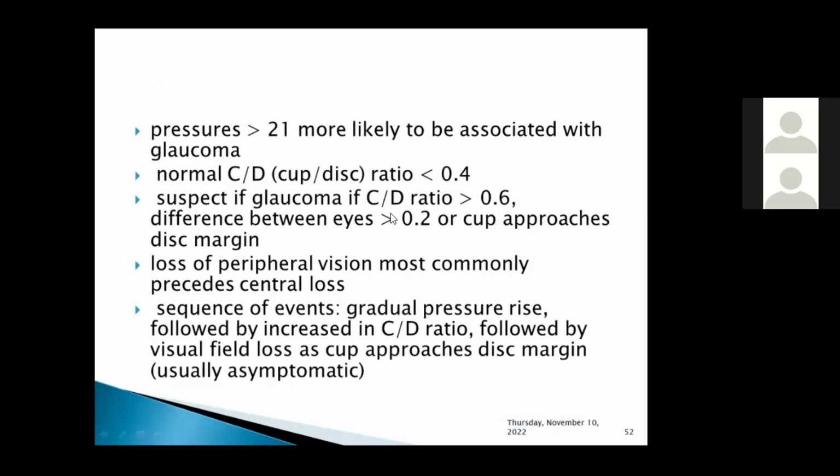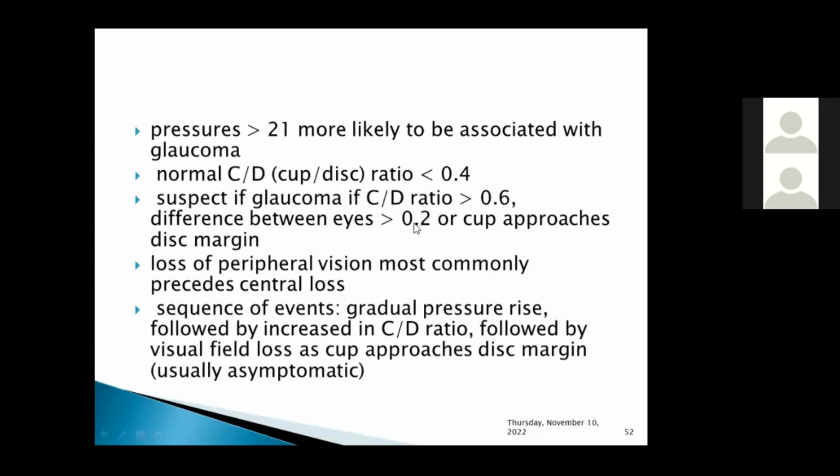The most important is the discrepancy between the two eyes. This number by itself doesn't mean anything, because there are patients with 0.7, 0.8 cup to disc ratio, but still no glaucoma. We see some other parameters, the so-called physiologic cupping is also there. Okay, so cupping is one of the signs of glaucoma anyway. So normal is less than 0.4, abnormal is more than 0.6, but the most important is discrepancy between the two eyes more than 0.2.